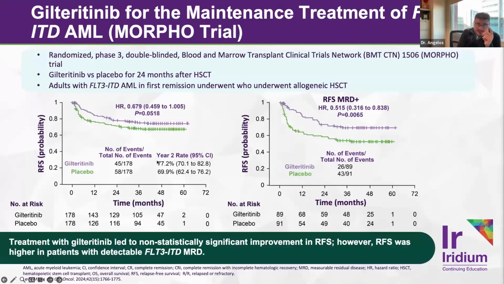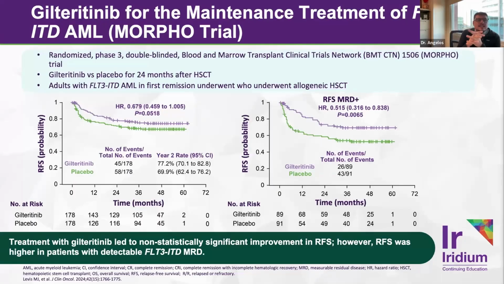Now, what about thinking about FLT3 inhibition even after first-line treatment? There was a newer drug that came to market called gilteritinib that was initially studied in the relapsed/refractory setting and showed a benefit for patients that otherwise had no other options for their FLT3 mutated AML. And so the question became, could we utilize gilteritinib as a potential maintenance strategy for patients that had undergone an allogeneic stem cell transplant?